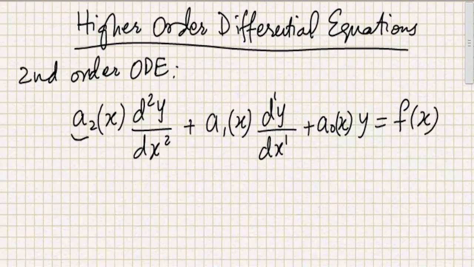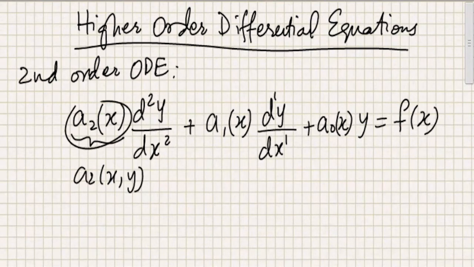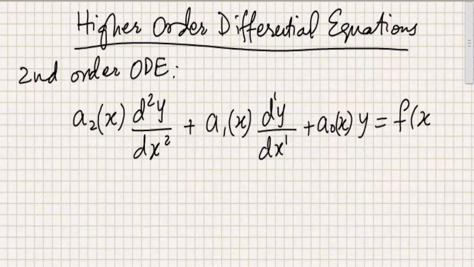So for example, if this was a2 of x comma y, that means that there was a y in this function somewhere, so we say that that equation has become a non-linear equation. But as long as a2 is only a function of x, we say that this equation is a linear equation.